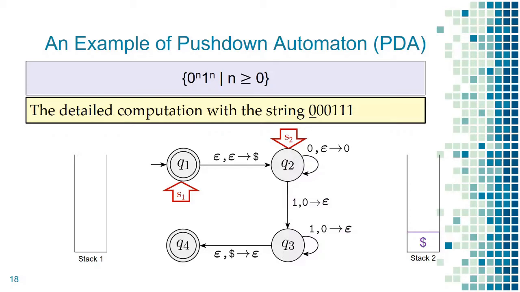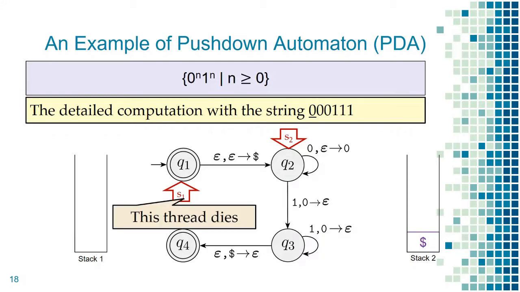So we're in Q1 and we try to read the 0. At the very start of the machine, we could have taken from the word, or we can jump using epsilon. If we try to read from the word, in Q1, and see what to do with the 0, it's undefined. Okay? So what will happen? It'll crash, and this thread essentially just dies as normal. And we've got another path, which will carry on and process the word.